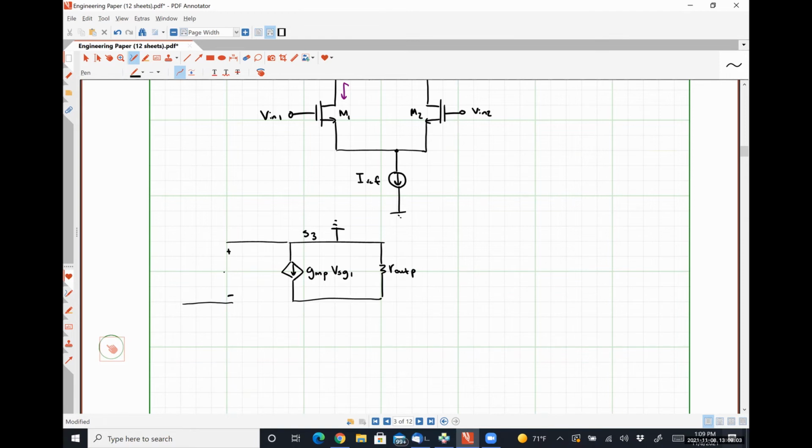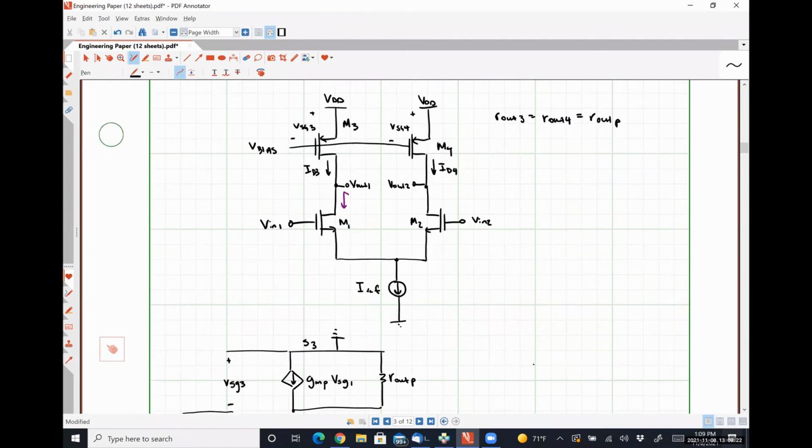This is VSG3. This is the drain of transistor 3. And over here is the gate of transistor 3. So where should our gate of transistor 3 be at for small signal? Ground.